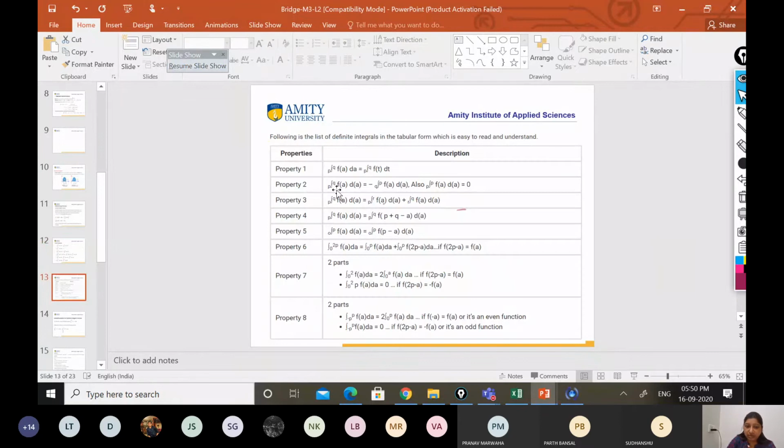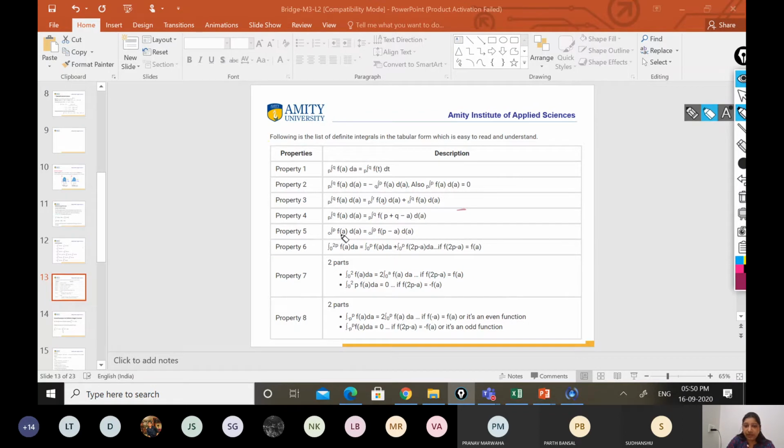Now, these are some of the important properties. A few of the properties are repeated. I will just recall the property numbers from property 4 onwards. Integral p to q f(a) da is equal to integral p to q f(p plus q minus a) da.